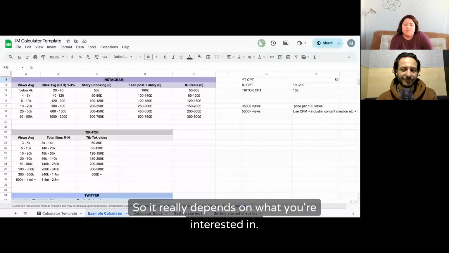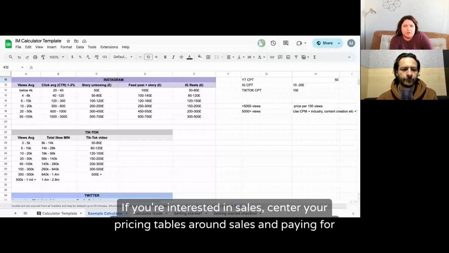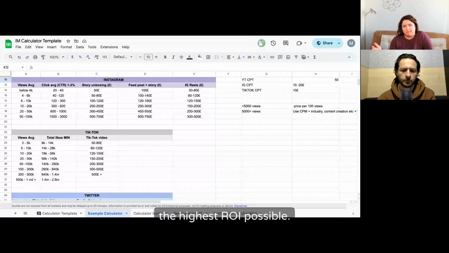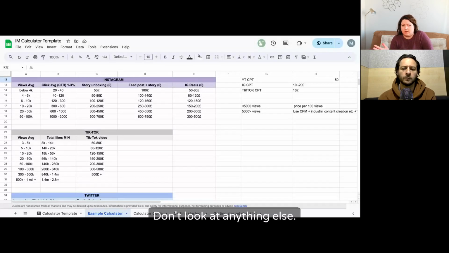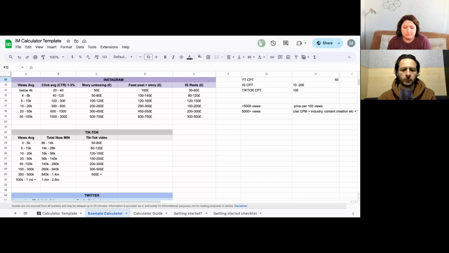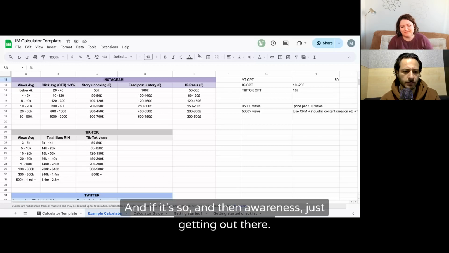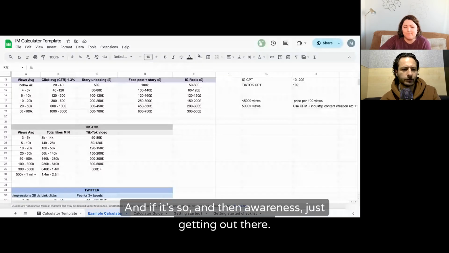So it really depends on what you're interested in. If you're interested in sales, center your pricing tables around sales and paying for the highest ROI possible. Don't look at anything else. And then awareness, just getting out there.